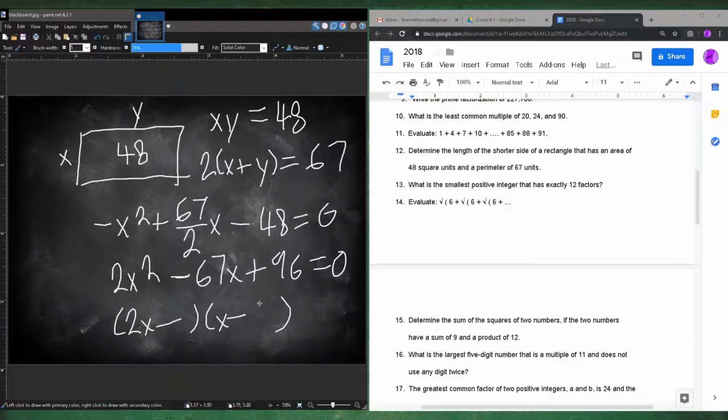This is going to be even, and this is going to be even, so this multiplied to this number here is going to be even regardless. Since this is odd, that means this has to be the odd number. So it would factor out 96. We get 2 to the 5 times 3, right? Since you need an odd, the only odd is 3. So we have to put the 3 here.